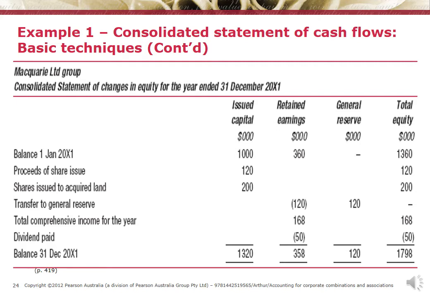So we've looked at the three financial statements now, and we'll go on to the next slide and look at some additional information that's been provided to us that will help in answering the question and allow us to prepare the consolidated statement of cash flows.